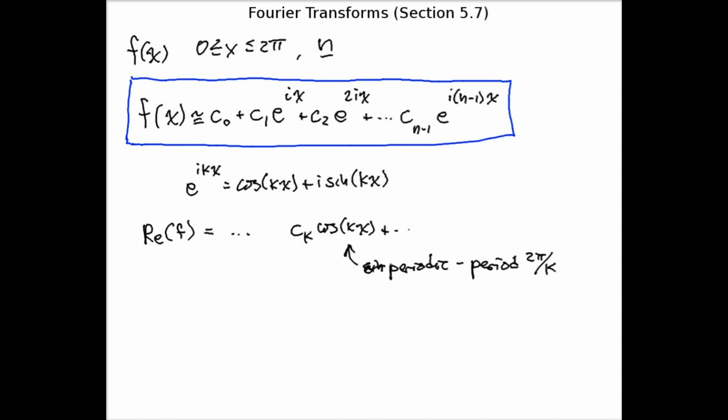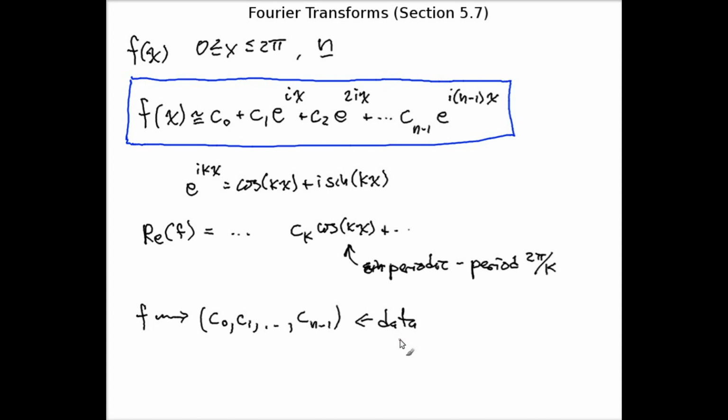So basically, from f, we want to get these numbers c0, c1, up to cn minus 1. And this is the data which we're going to store, which is going to give me an approximation to the function.